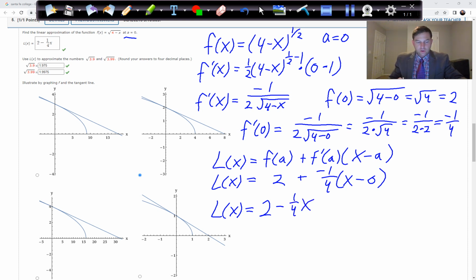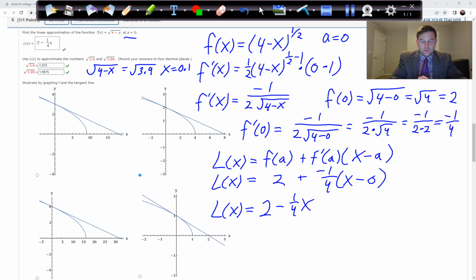And just like before, they want us to calculate different values of x. So they have the square root of 3.9. So they're saying the square root of 4 minus x has to equal the square root of 3.9. Now to get to that value, x would have had to have been 0.1.